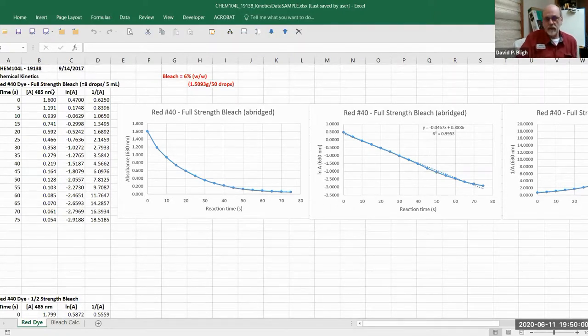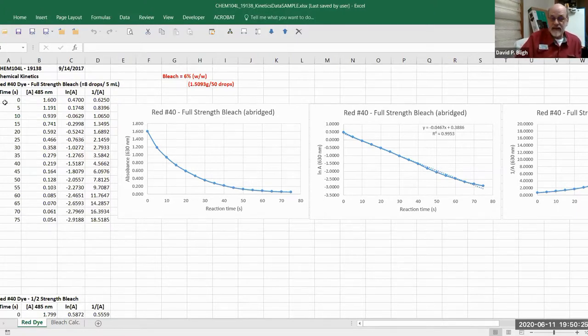So the full strength data set is over here, and instead of 18 drops in, or 30 drops in 5 mils, this would use 8 drops in 5 mils, and would consequently have to be prorated for 3 milliliters in the cuvette reaction vessel.